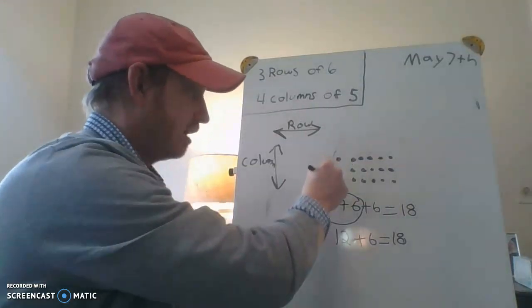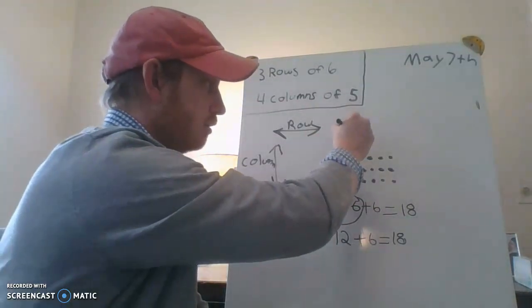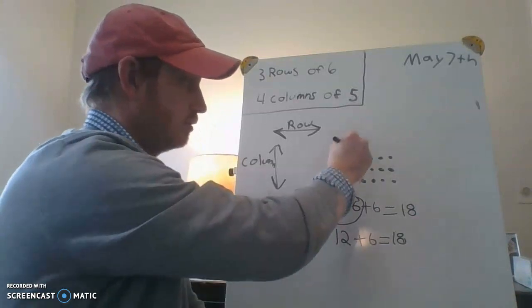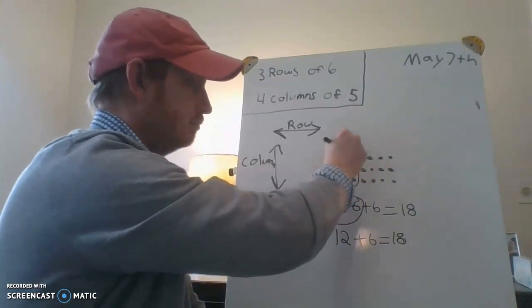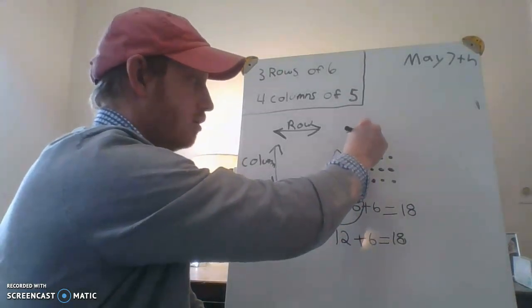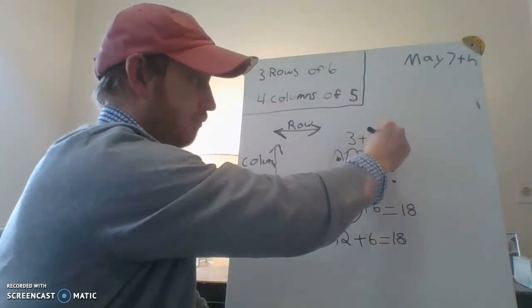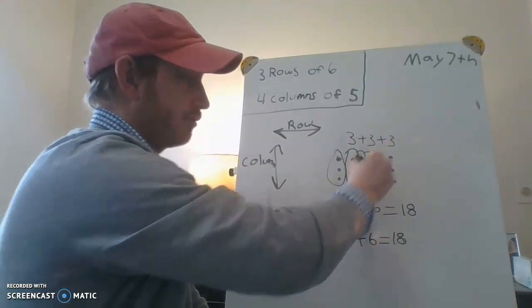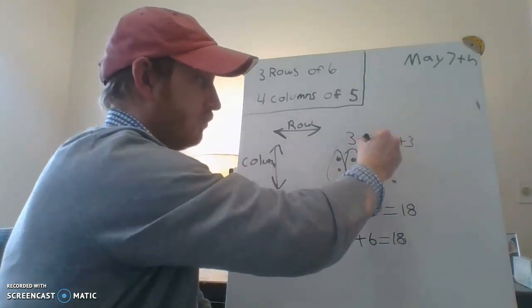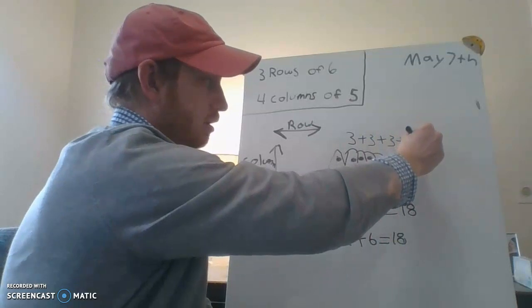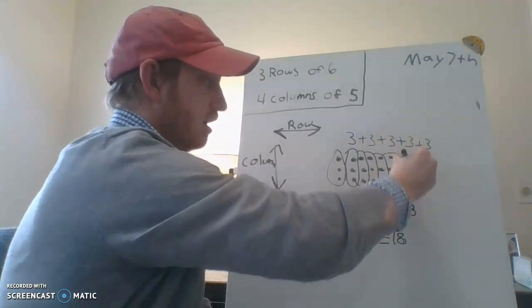So we have one column of 3. Then a second column of 3. A third column of 3. A fourth column of 3. A fifth. And a sixth.